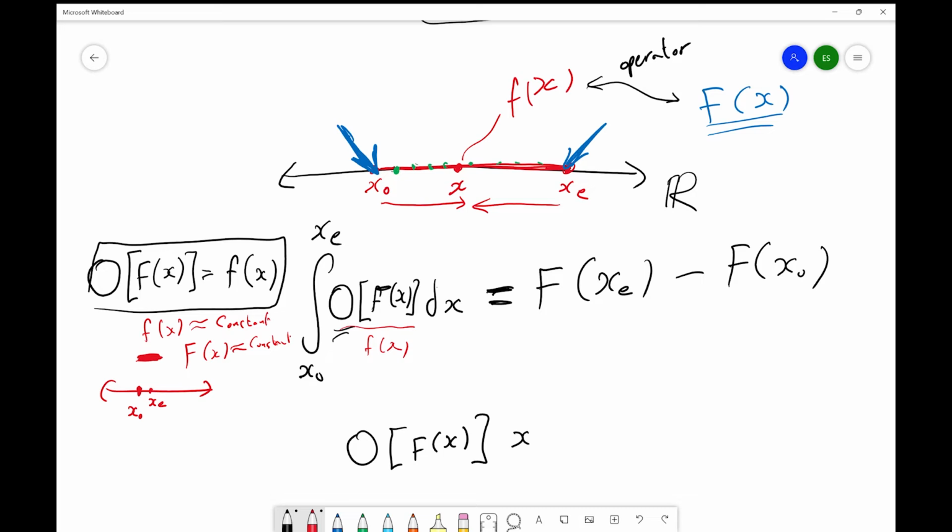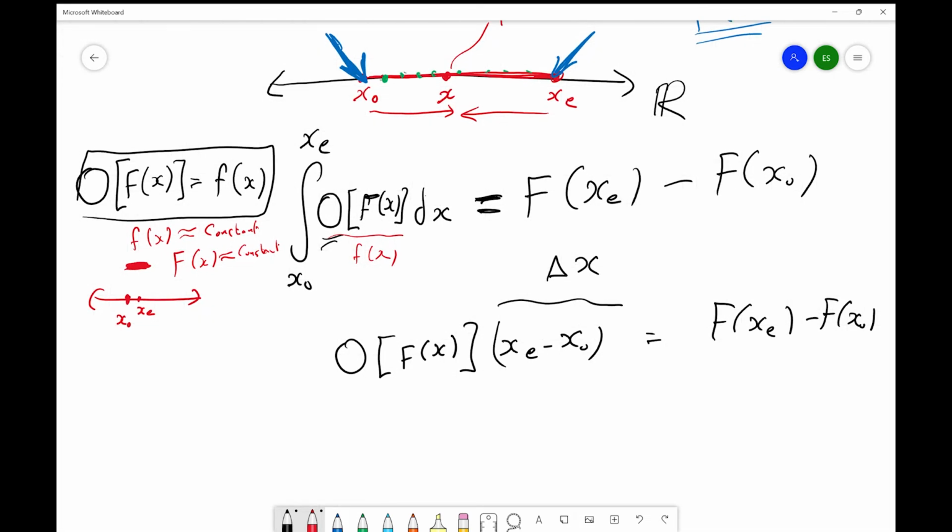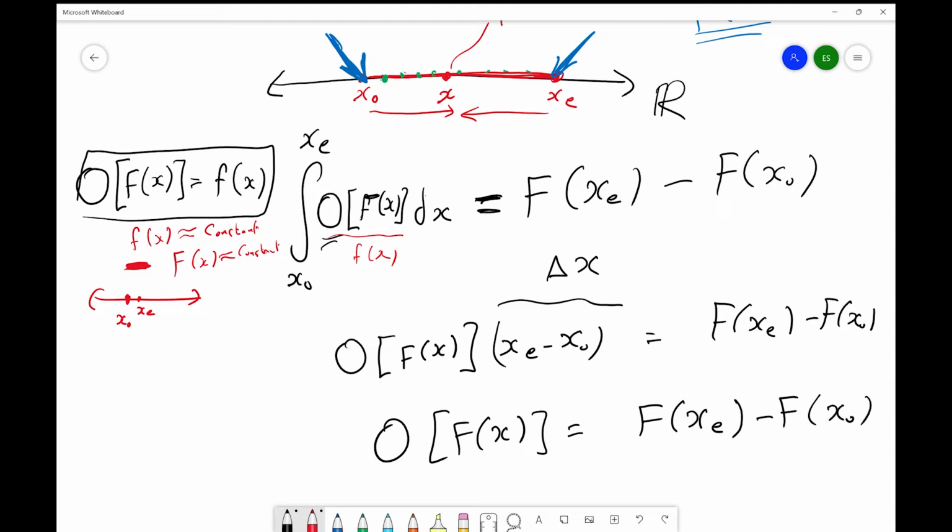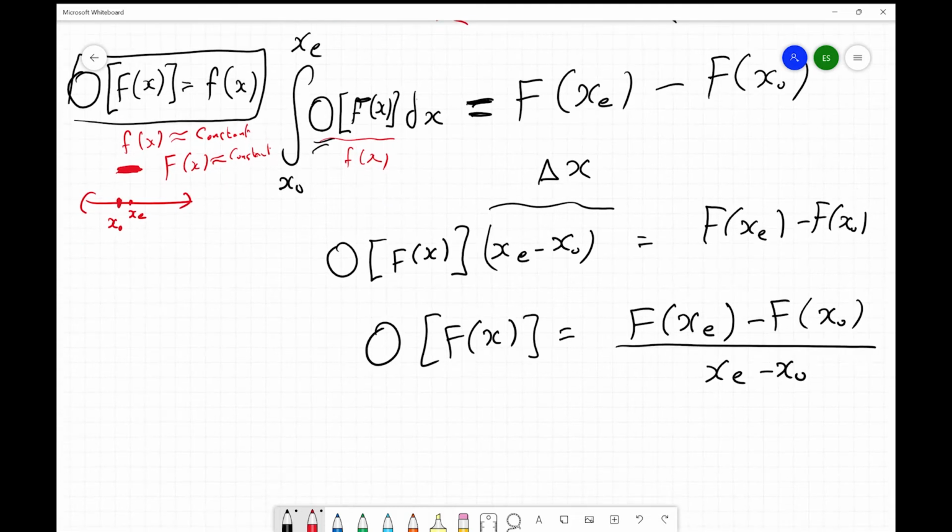This is xe minus x0, right? This is delta x, right? Equals F(xe) minus F(x0). So this operator acting on F(x) for a small interval is really F(xe) minus F(x0) over delta x, xe minus x0.